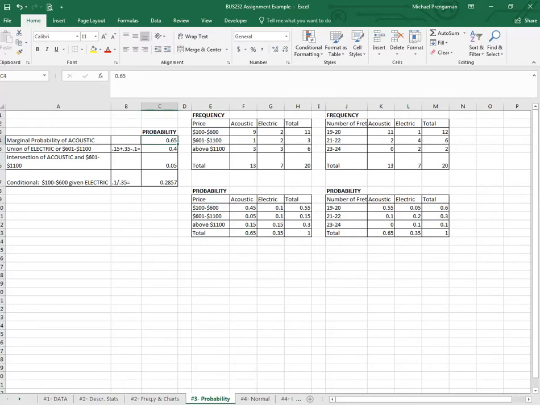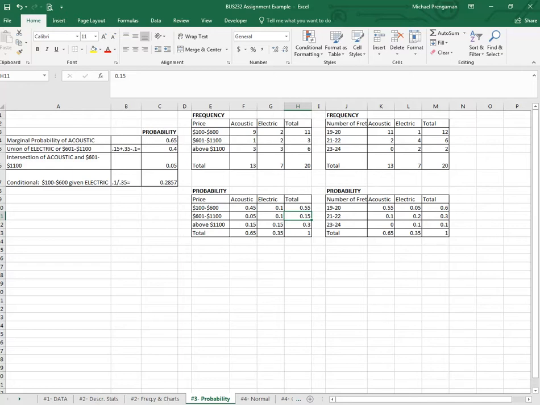The second is to demonstrate your understanding of a union of probabilities. Again, using the price data, the union of electric or $600 to $1,100 or both, the union of that using our addition formula: the total probability of $600 to $1,100 is 0.15.